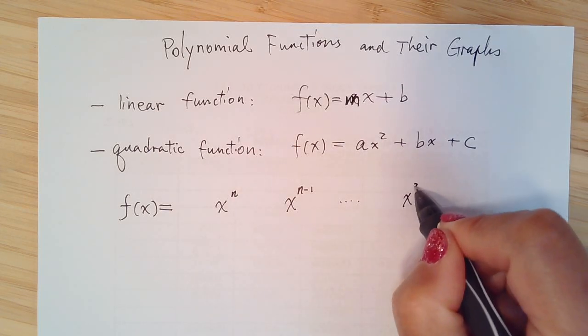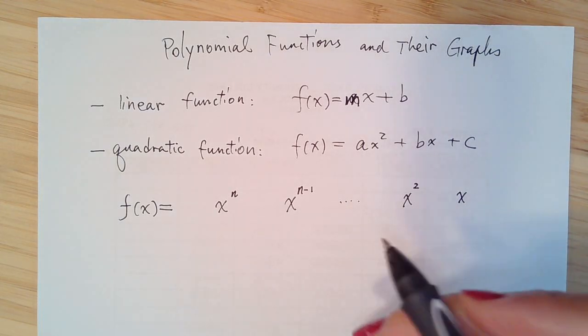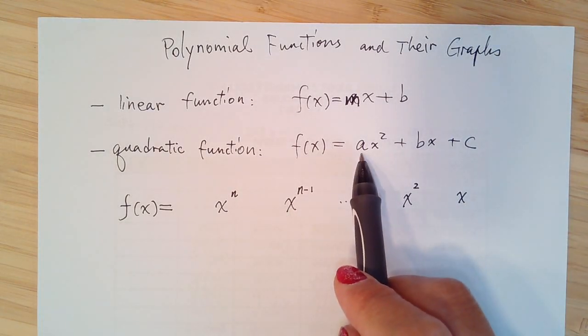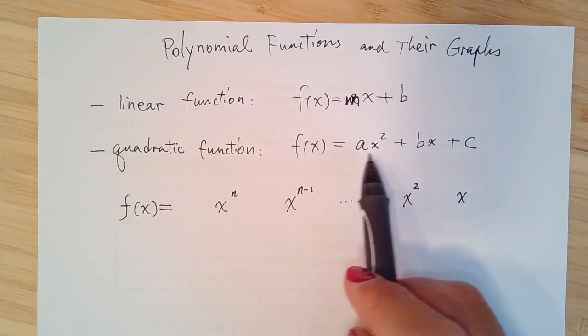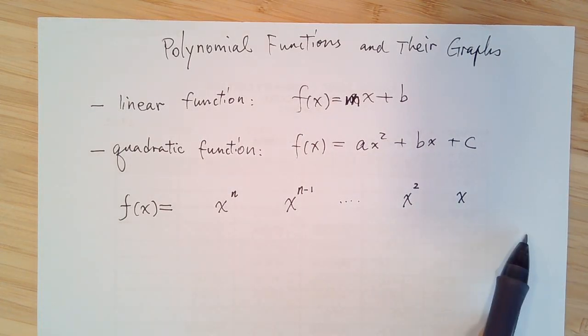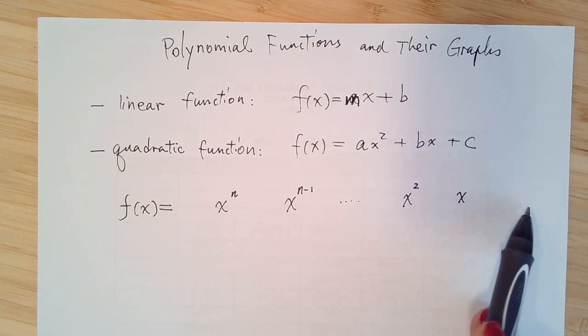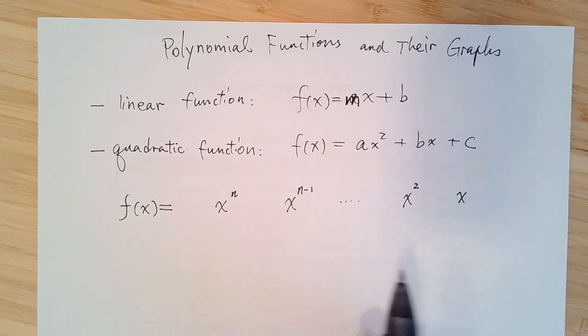At the end, I also have x squared and x and a constant. So how do I write this? Here is how you write the coefficient of the square term: you use a, you use b, you use c. But here we have so many terms. How many? We might have n plus 1 terms, because there's a pure number at the end. So instead of using a, b, c, d, you're going to finish up all the letters quickly.